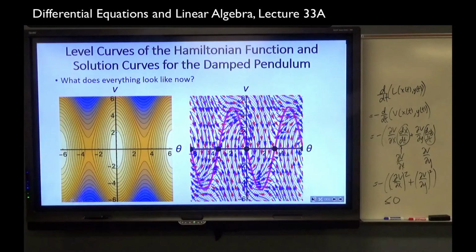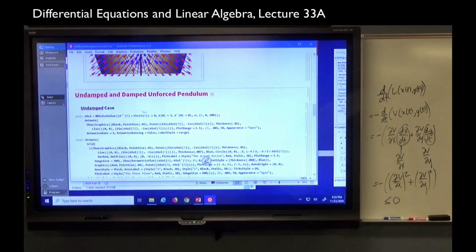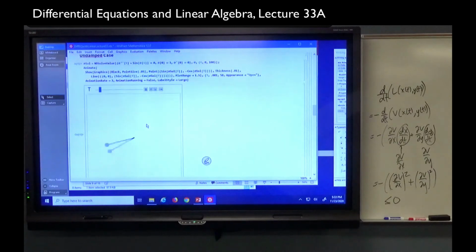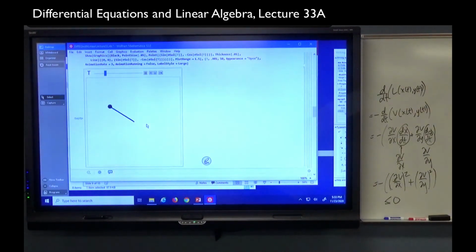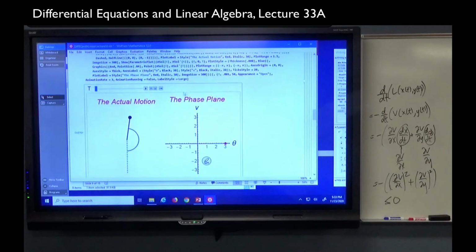Let's end lecture 33A by going to Mathematica again quick. Now we're looking at the pendulum. This is code to approximate the solution and see it. This is the undamped ideal case. You see the pendulum swinging back and forth as you would expect. We can see how that looks when you compare it to the phase plane: the actual motion on the left and the phase plane solution curve on the right.